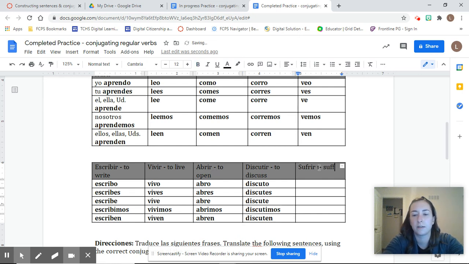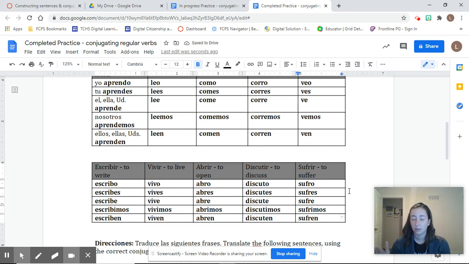Sufrir is to suffer. Okay, same pattern. Take the IR off. SUFR. Then put the correct endings on. Yo sufro. Tú sufres. Usted sufre. Nosotros sufrimos. Ellos y ustedes sufren.